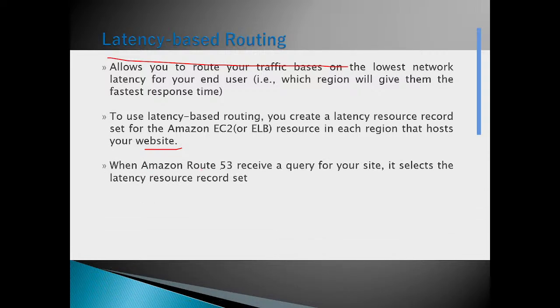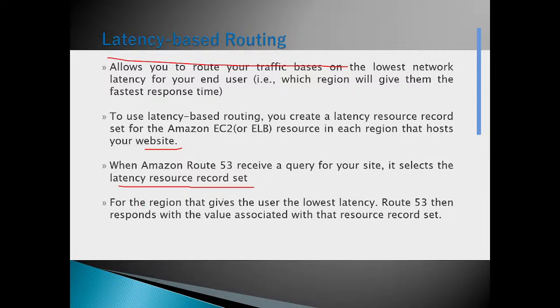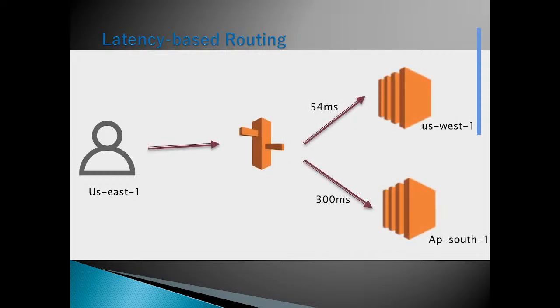Whenever Route 53 receives a query for your website, it selects the latency record set for the region that gives the user the lowest latency. Route 53 then responds with the value associated with that resource record set. Okay, so whichever has the least latency, it will send the traffic to that particular machine.